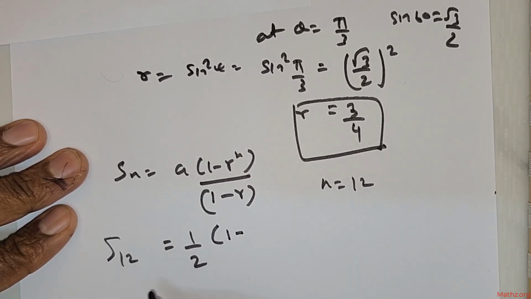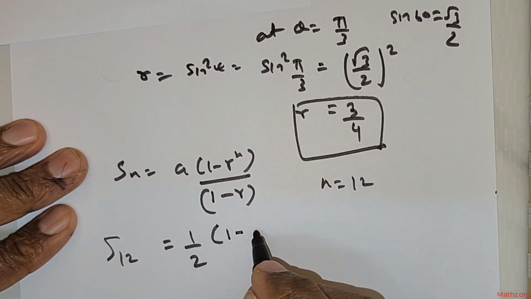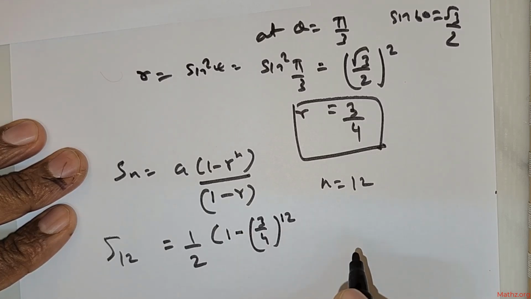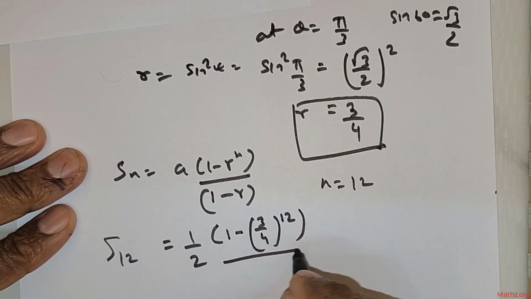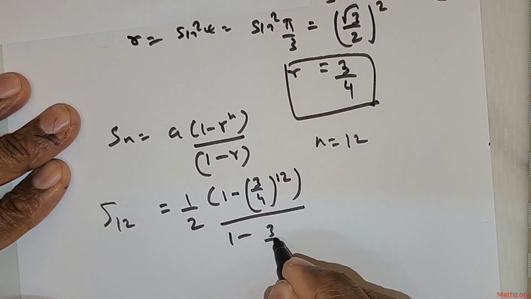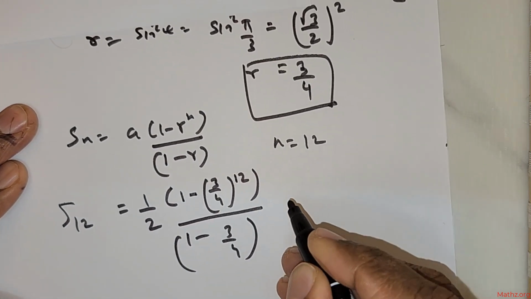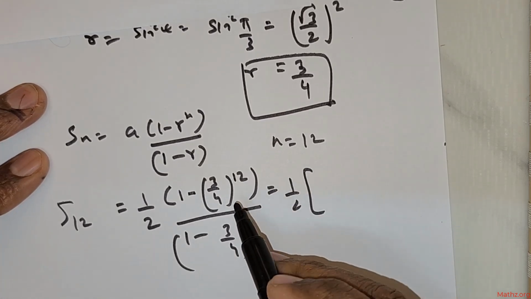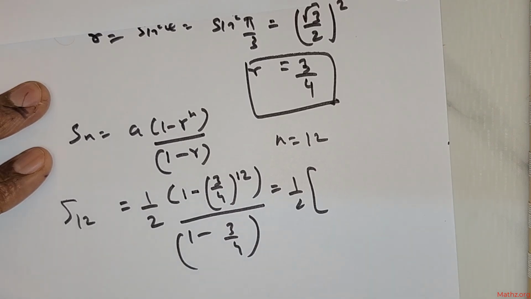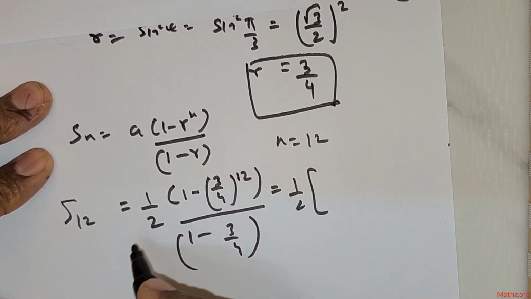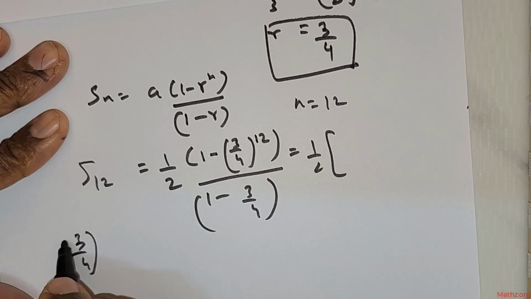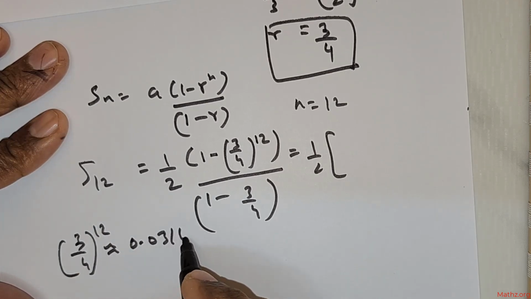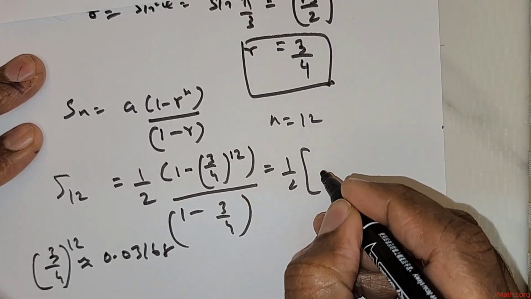So S12 is equal to 1 over 2 times 1 negative 3 over 4 raised to the power of 12 divided by 1 negative 3 over 4. Now you can use a calculator. 3 over 4 raised to the power of 12 is approximately 0.03168.